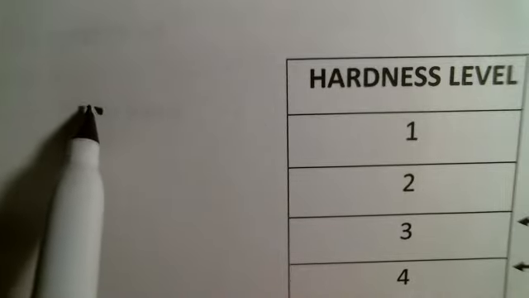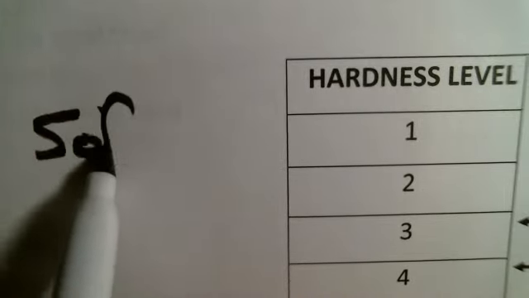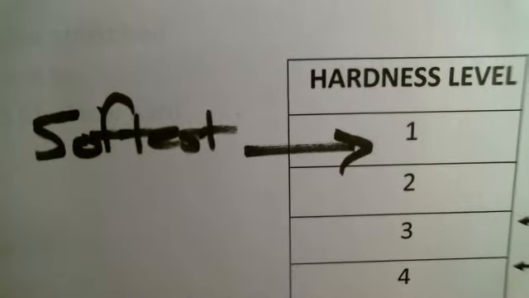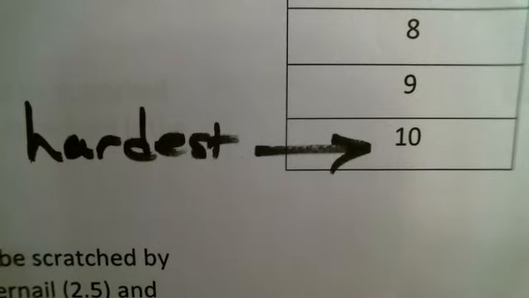I want you to write the word softest at the number 1 level. And then going down to the bottom of the chart, where the scale goes to 10, I want you to write hardest. The hardest minerals have a rating of 10, things like diamonds, for instance.